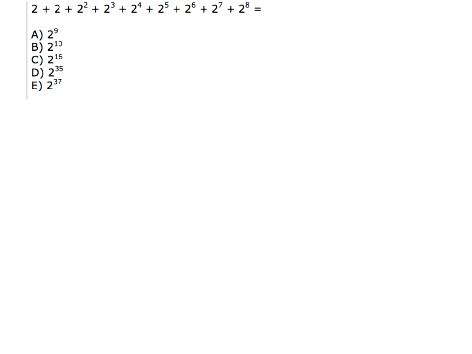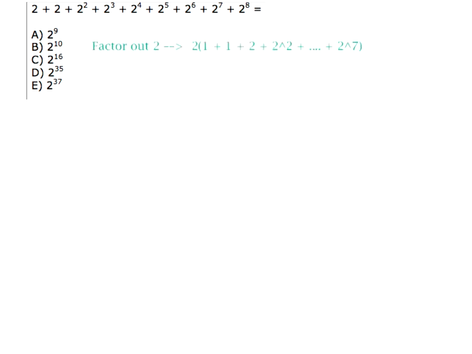Okay, so you can factor stuff out. Yeah, because if you factor stuff out, you're still going to be dealing with a pretty similar situation. You certainly can factor stuff out. But even if you factor out a 2, you're going to be facing the same sort of issue. You're going to get a 2 out, but then it's still going to be 1 plus 1 plus 2 plus 2 squared plus stuff all the way to 2 to the 7.